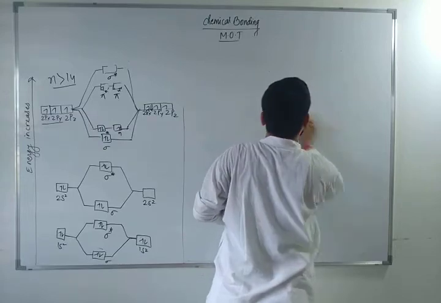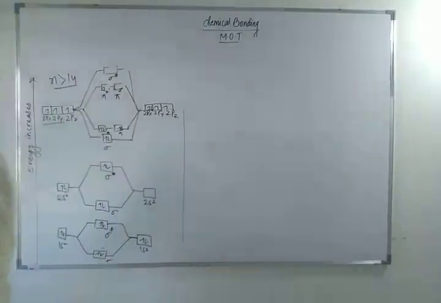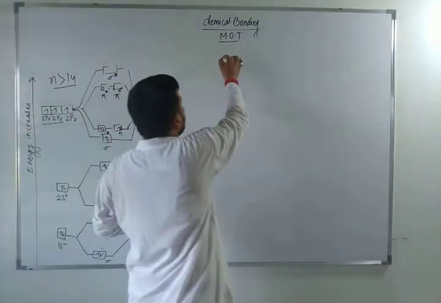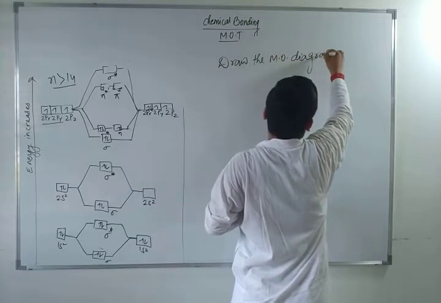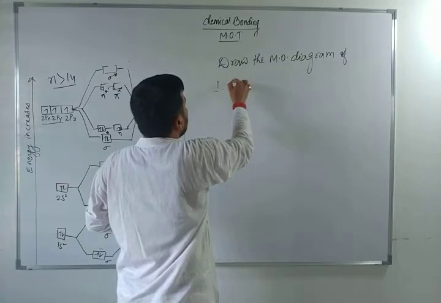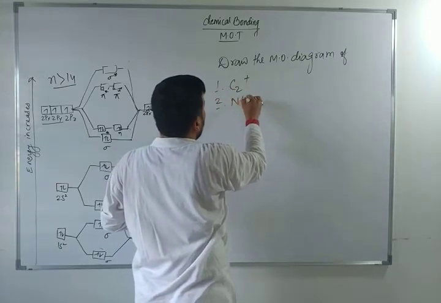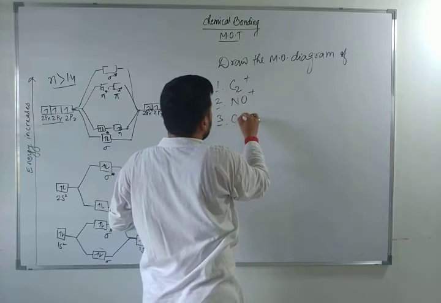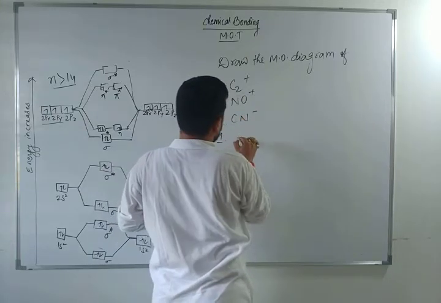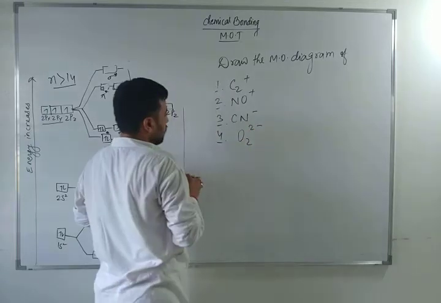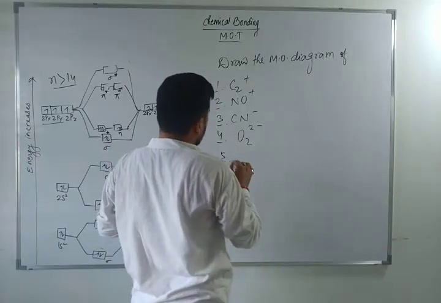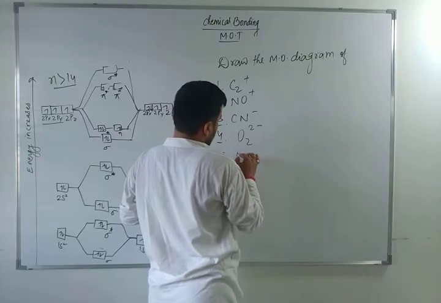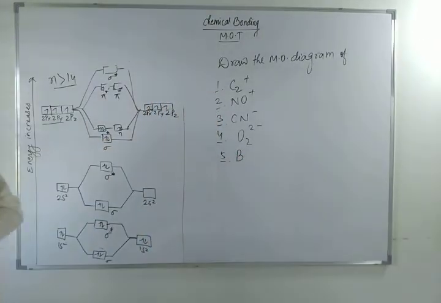Draw the molecular orbital diagram of first C2 plus, second NO plus, third CN minus, fourth O2 2 minus, fifth carbon and fluorine, carbon fluoride, CF.